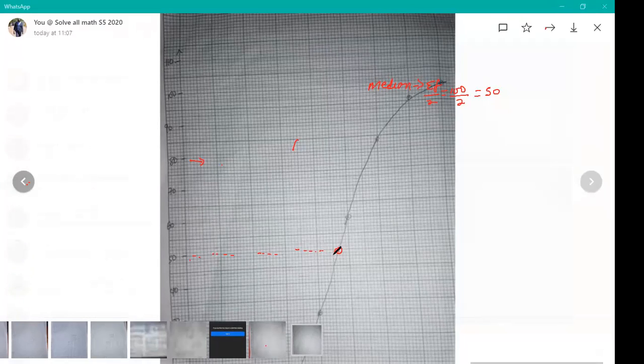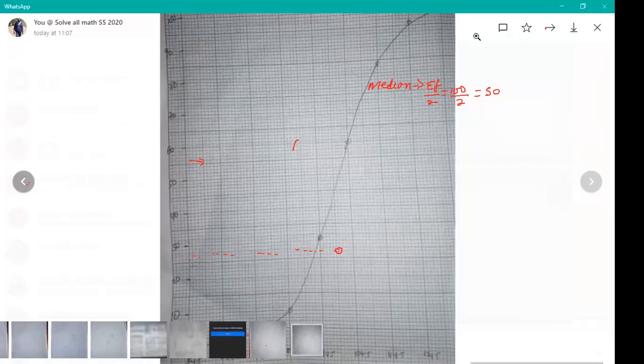Come here and locate where the 50 crosses the curve. After noting where 50 crosses the curve, then draw a vertical line to the bottom, and we read that value. My curve has shifted, sorry. Let me draw another one here.